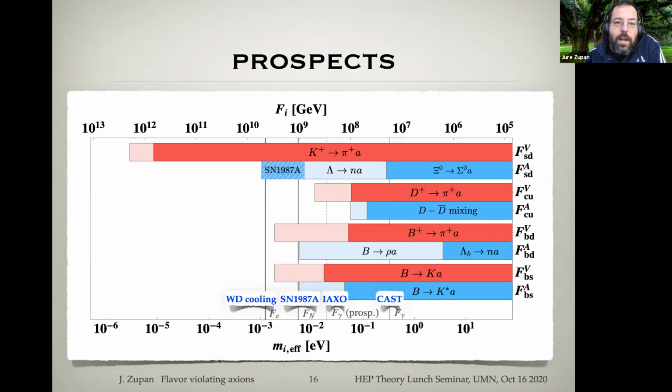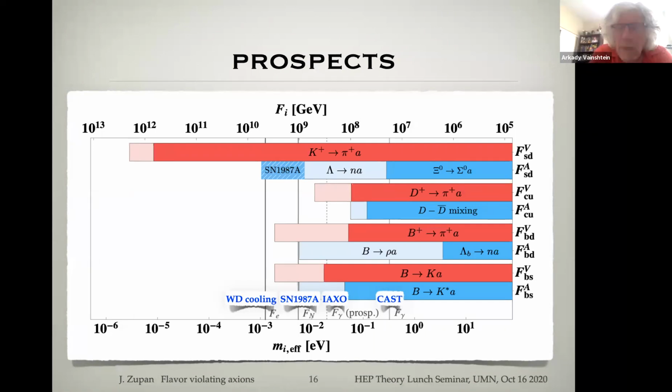This is the nucleon one. And then I also plotted the CAST bound on the photon coupling. For certain windows of axion mass, the bound on the photon coupling can be much more stringent than this CAST one, but it's still a good thing to show.